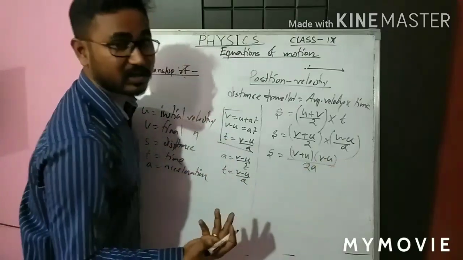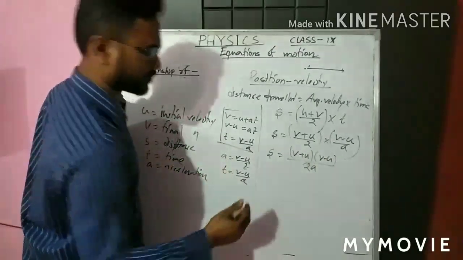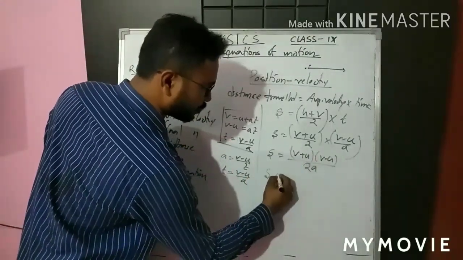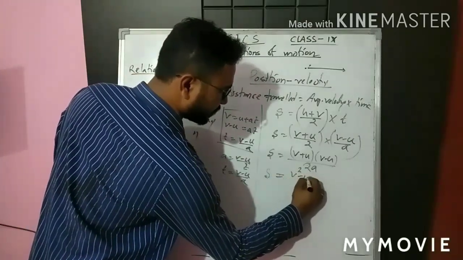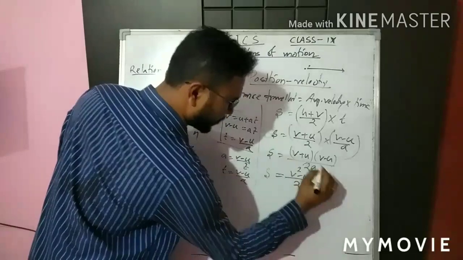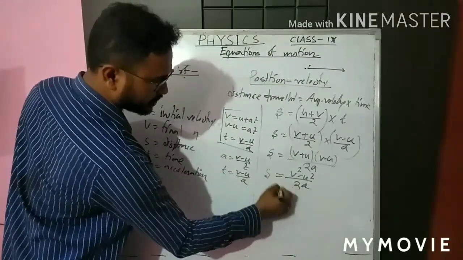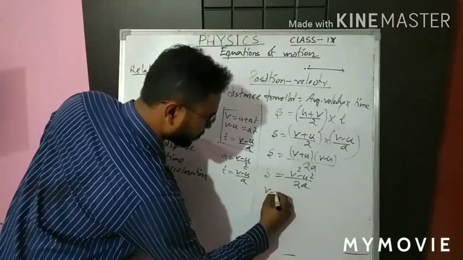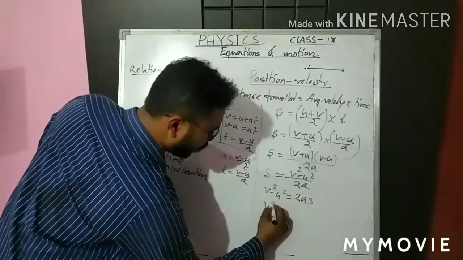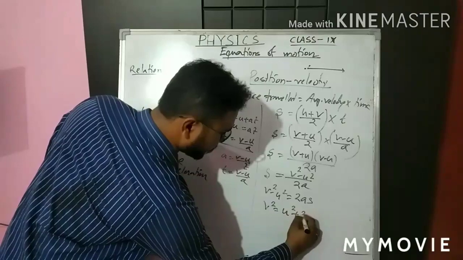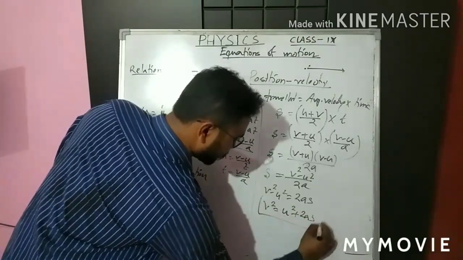Now here you can easily see (a plus b)(a minus b), what is it? It is simply a square minus b square. So instead of (v plus u) into (v minus u), you can easily write (v square minus u square) by 2a. Now you do the cross multiplication. If you do the cross multiplication, it will be v square minus u square is equal to 2as, or v square is equal to u square plus 2as.